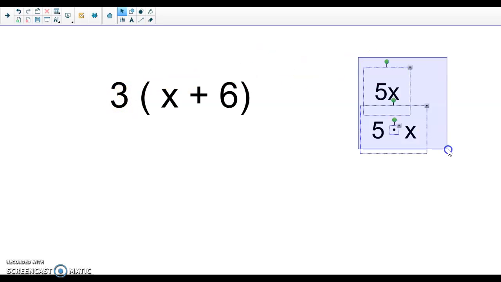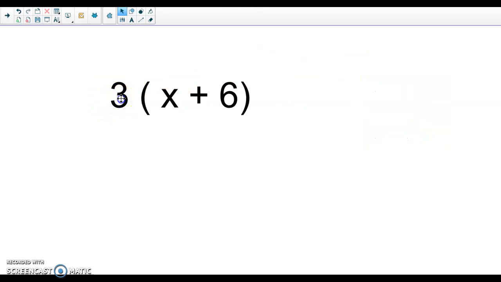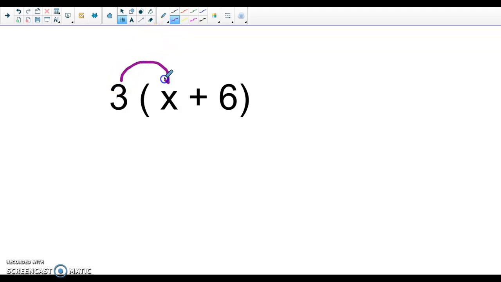So over here, where this 3 is right next to this parenthesis, what it's asking you to do is pass this 3 out equally to the whole expression. So to do that, what you're going to do is you're going to do 3 times x, which would give you 3x, okay?